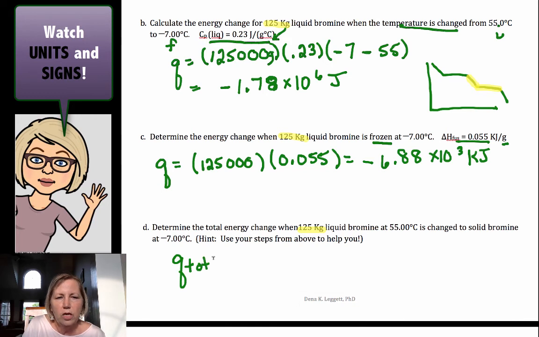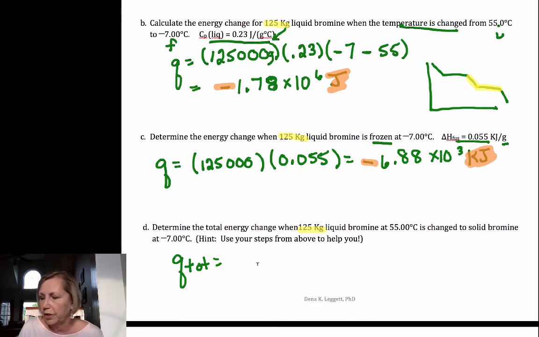So Q total, well, let's watch the issues that I mentioned, your units and your signs. Those are both negative, so that's good, but one of these is joules and one of those is kilojoules. This question doesn't specify whether to use joules or kilojoules. As an educator, I would accept either as long as your number agreed with the units you used. So I'm going to use kilojoules, so I'm going to change that one to kilojoules.